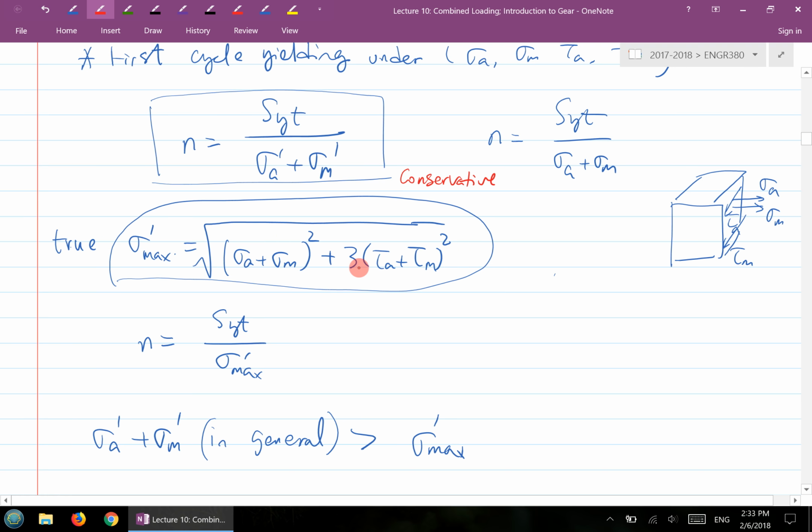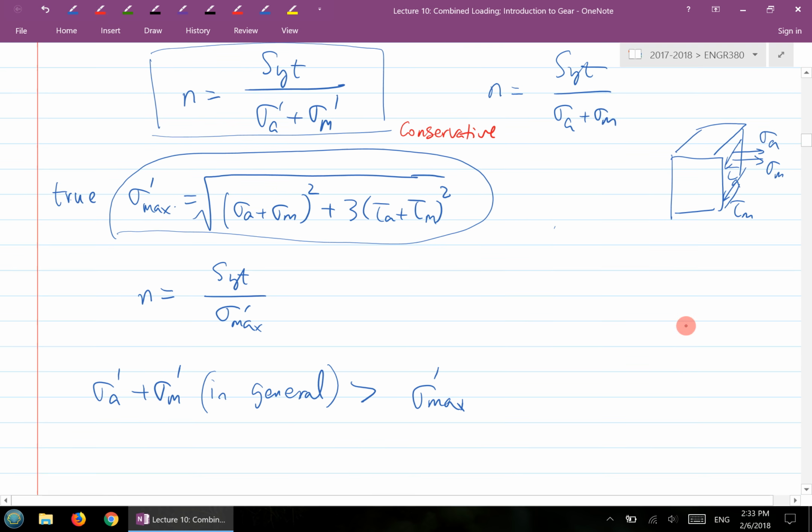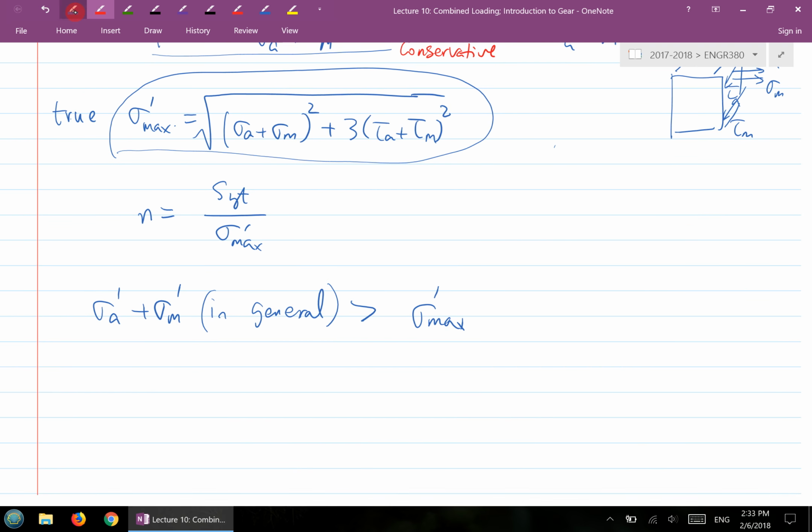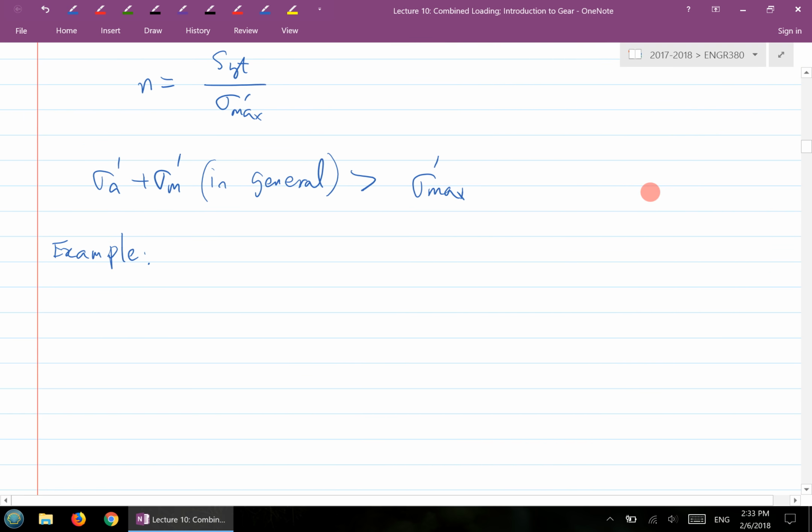So let's take a look at an example here. We have a bar with a notch in the middle.